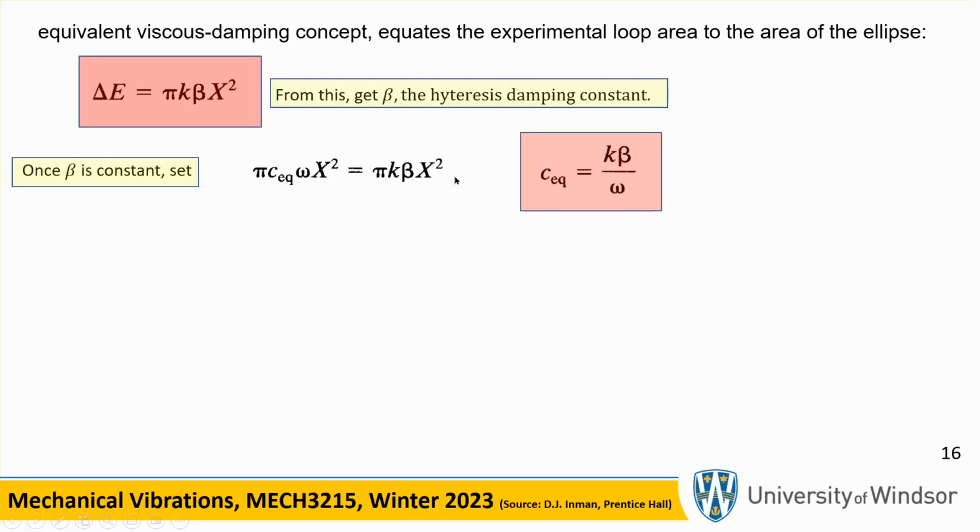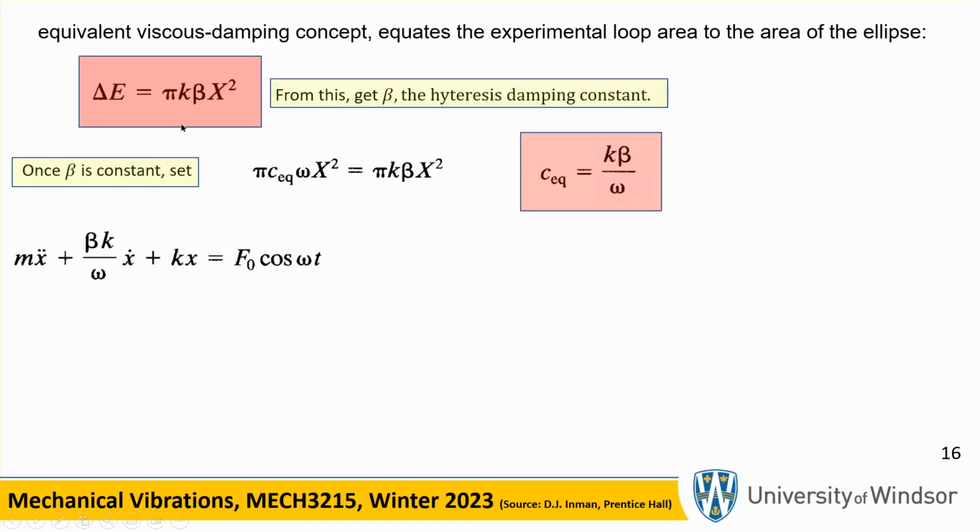You equate these things and solve for c equivalent, and there we are. Another way to look at it is that omega is under your control, k is under your control, and you know beta, and you just put that in there.